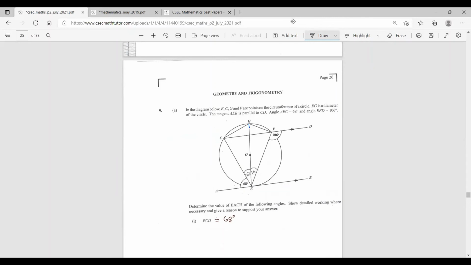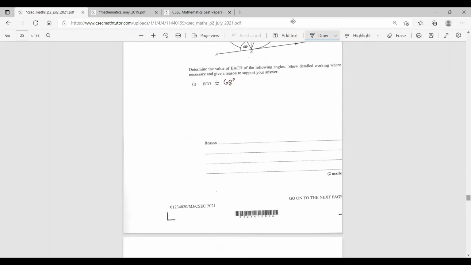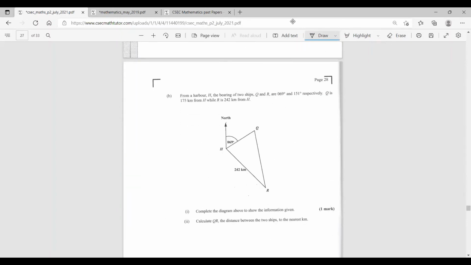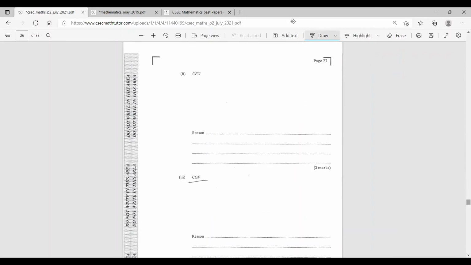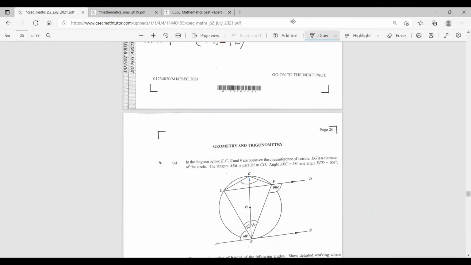Because they asked you for CGF, which is here. The question asked you to work out angle CGF. And to find an angle, we follow the line C to G, G to F. Between those two lines is our angle.